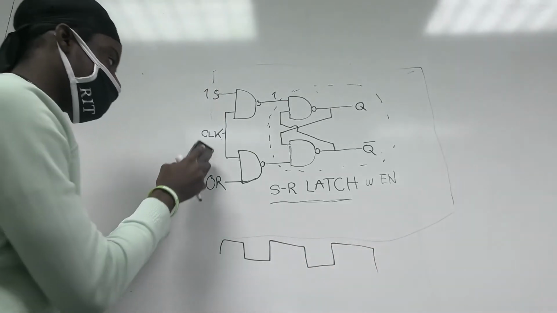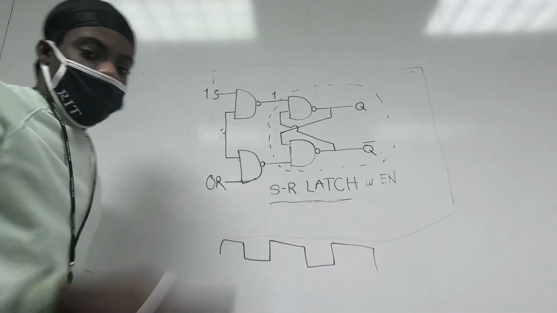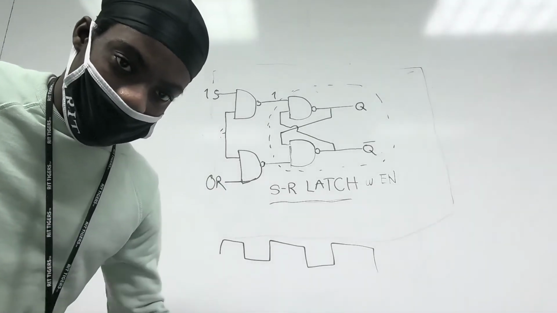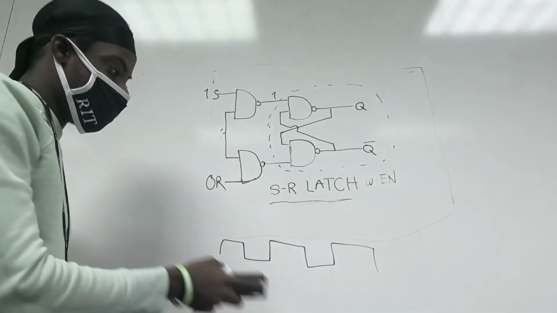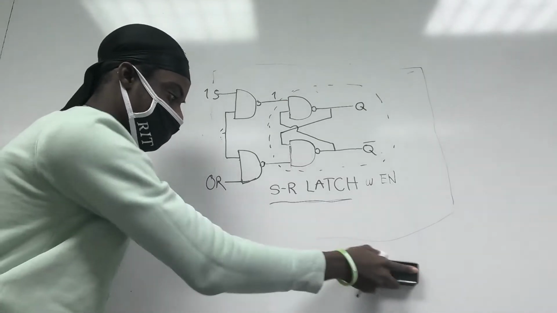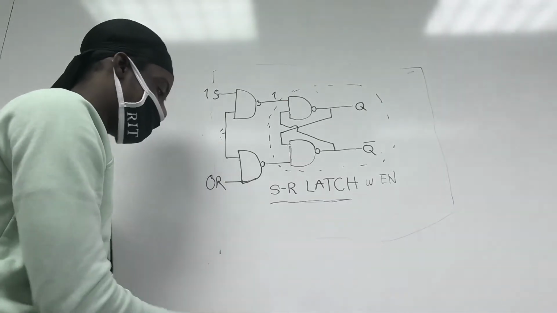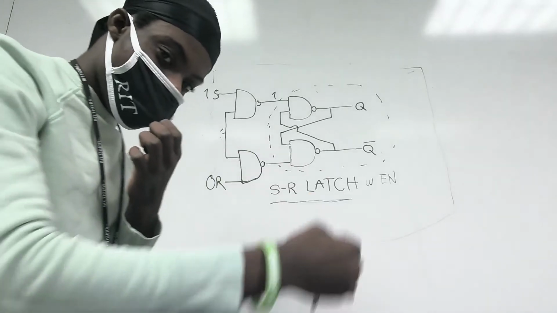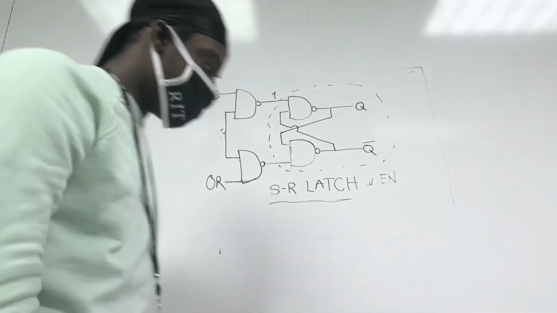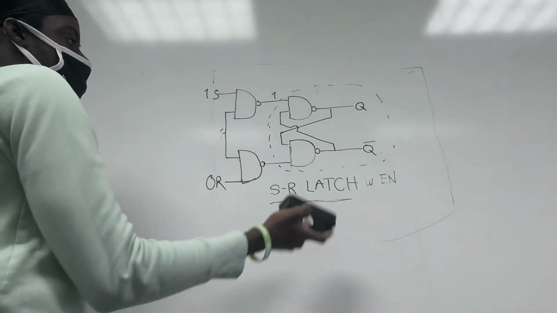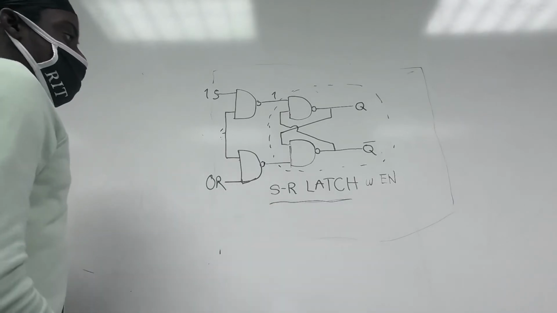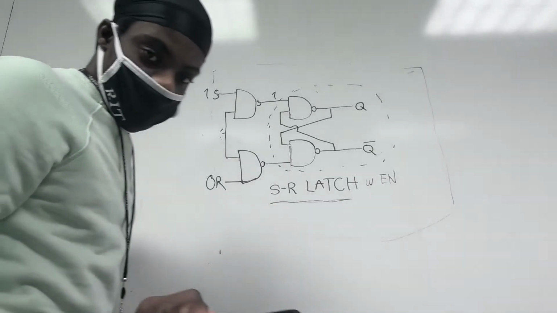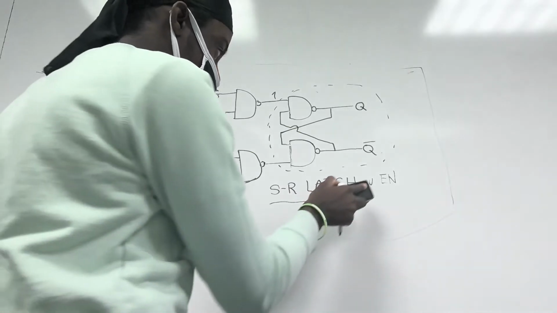If we had left enable to just be enable, it's just some wire, some signal, which we can have high for as long as we want. But with a clock, it has a regular time interval for each period and clock cycle. So what we have here is an SR latch with enable. Now let's go back to the SR latch without enable.